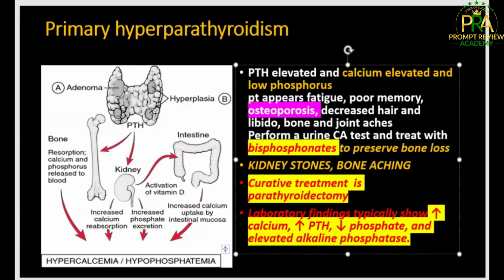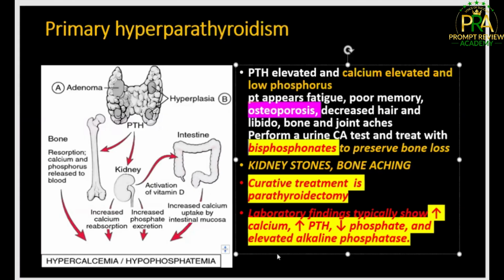These people are going to have a lot of fatigue, poor memory, osteoporosis, low libido, bone and joint ache. But for the emphasis for the exam, patients that have hyperparathyroidism show increased calcium and low phosphorus. High calcium and low phosphorus.